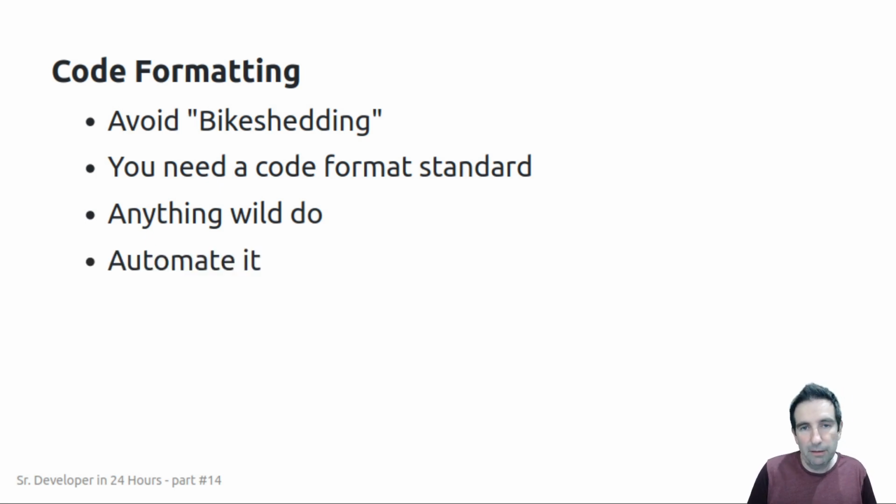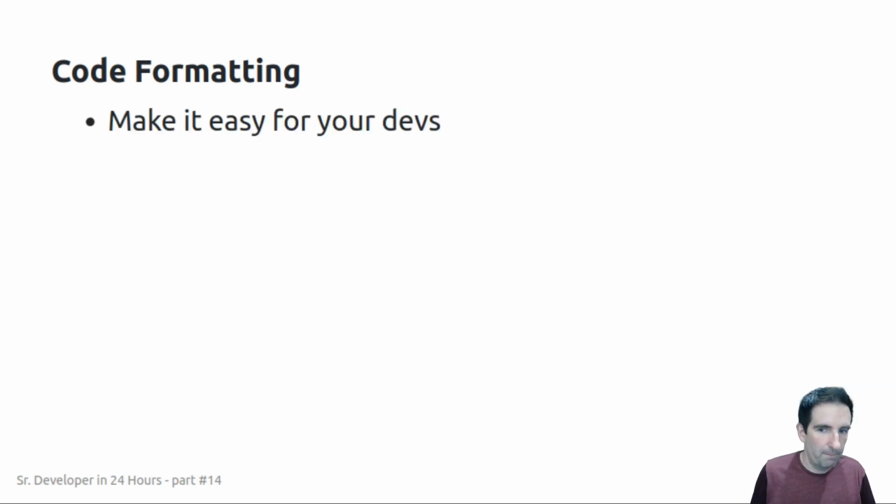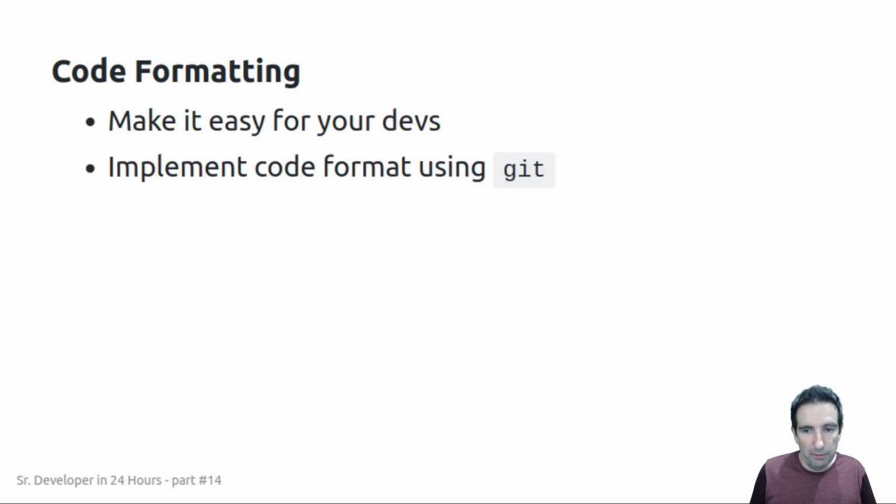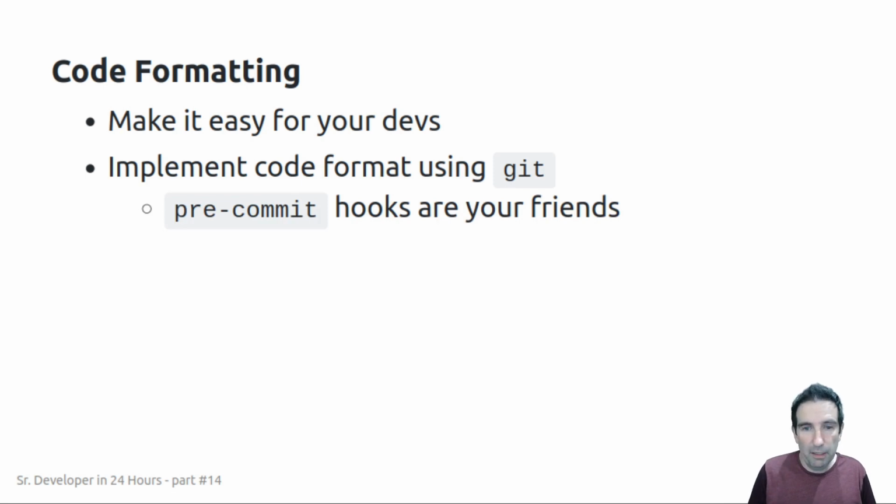Something else that's important, you want to automate the code formatting. Because we want to make it easier for our developers, if we can automate code formatting using something like Git, straight up from the development stack that we're using, we can use something like a pre-commit hook to enforce formatting every time a developer is ready to commit a new change.